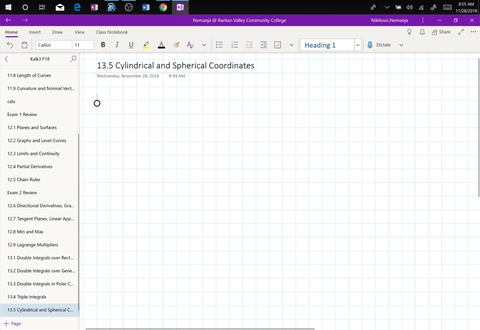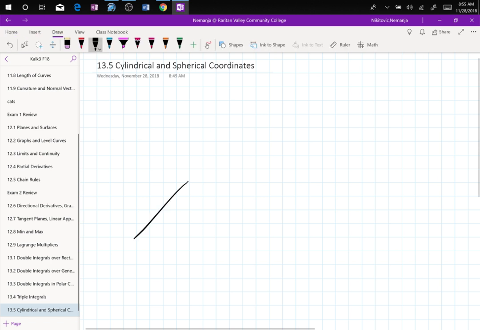Cylindrical coordinates. Cylindrical coordinates are built on polar coordinates. So in the XY realm, we have our standard r theta, radius r, theta angle, to give me the r comma theta point in the xy plane.